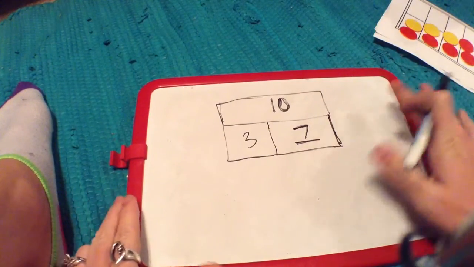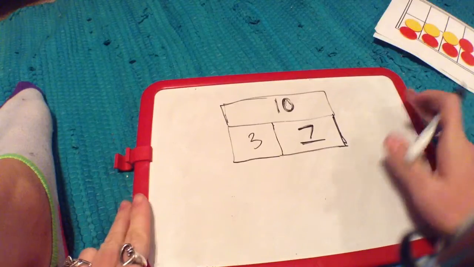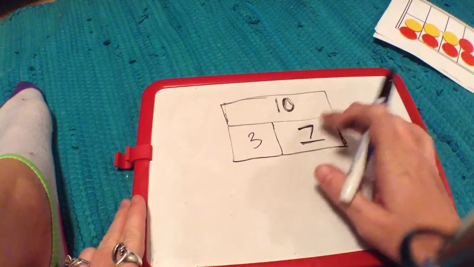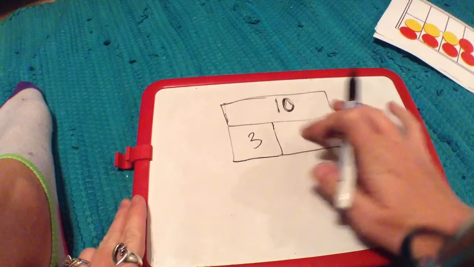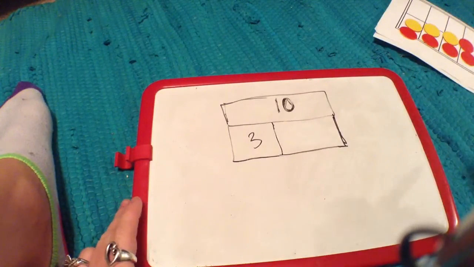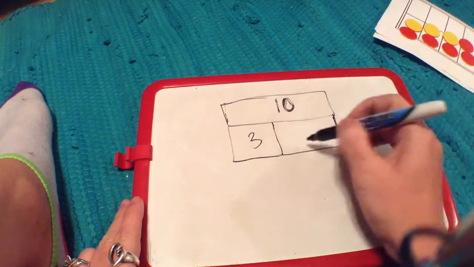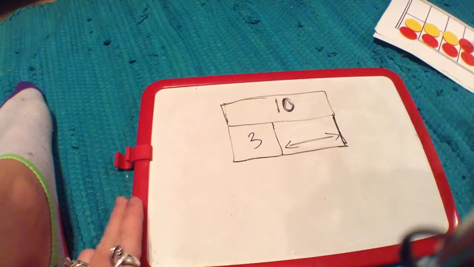Now, if this were to be used in a strip diagram, it would look pretty much something like this, except it wouldn't have given us the 7 there. So there's 3. 10 is our total, 3 boys, and this would be our girls.